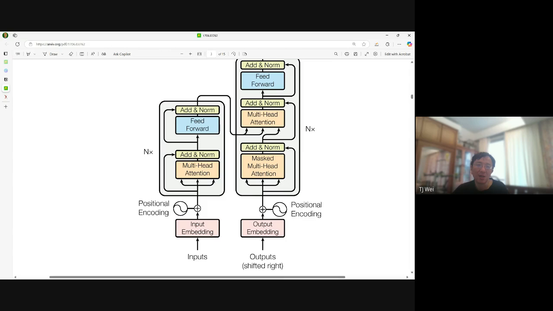For each index, we can find an embedding vector. And this embedding vector has exactly the same dimension as the input embedding. So the position encoding and the input embedding have the same dimension, and they are simply added together, like a vector addition.